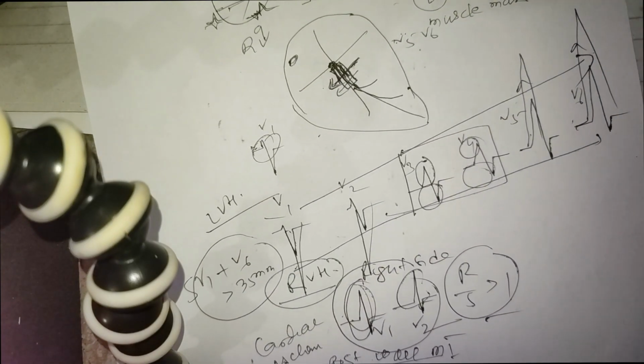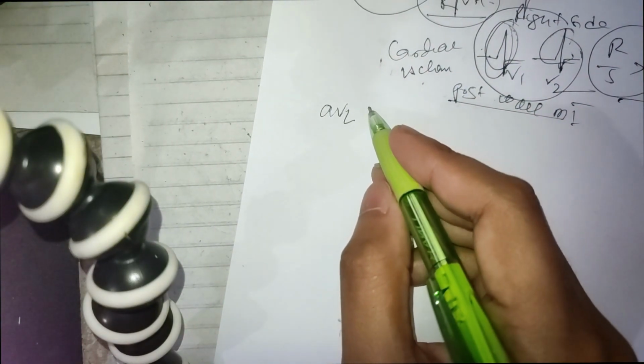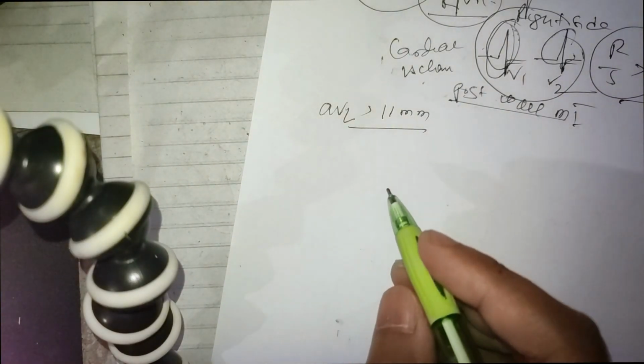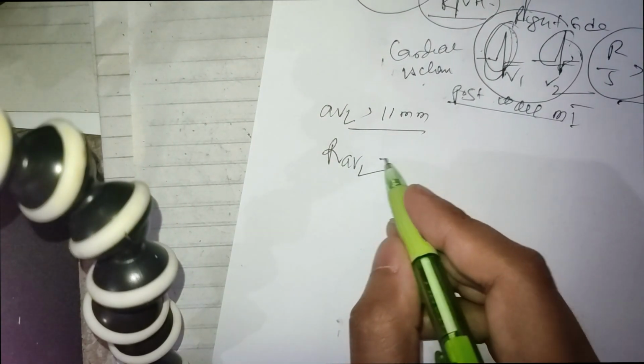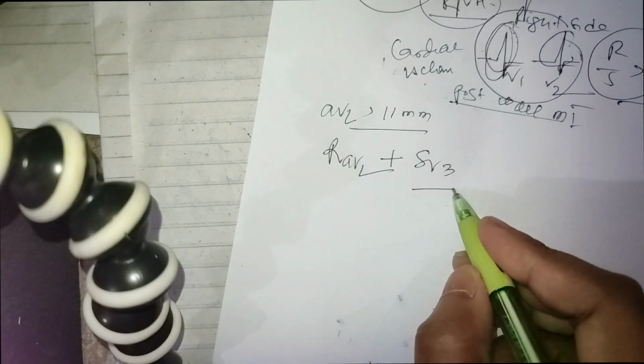Another criterion of LVH is in lead AVL. In lead AVL, if the positive voltage is more than 11 mm, then that is also one of the criteria of LVH. Another is the R wave in AVL plus the S wave in V3.